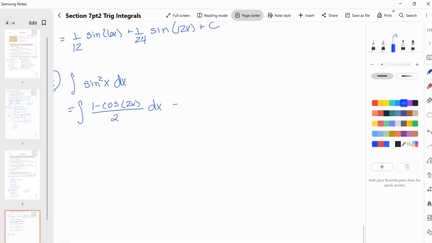And then we're going to think about splitting that numerator, and then integrating each of those terms separately. I'm going to pull that 1/2 out. So this would be cosine of 2x dx.